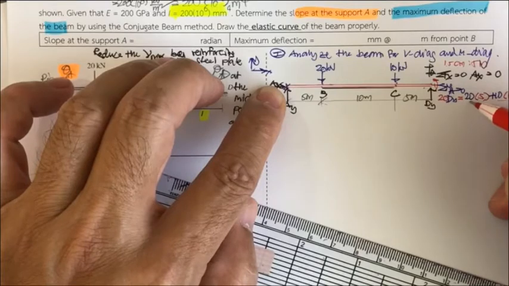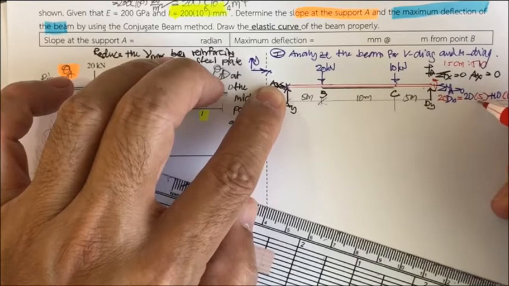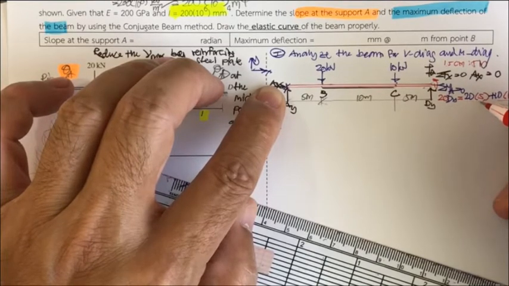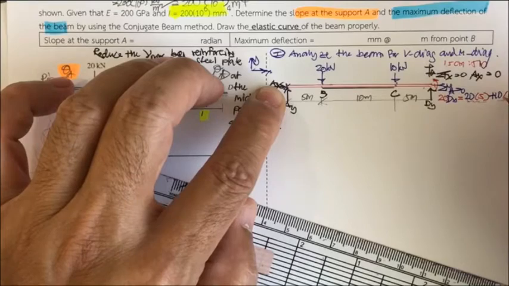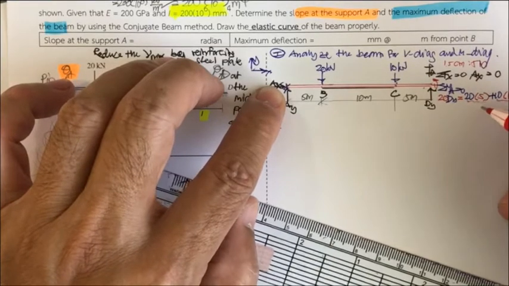Okay, that is going to be what? 20 times 5 is 100, right? This is 100. Sorry, this is 150. So this is going to be 250.